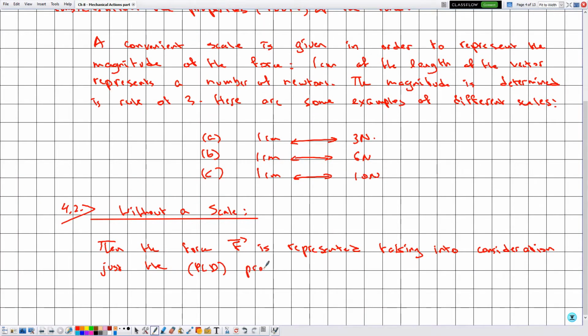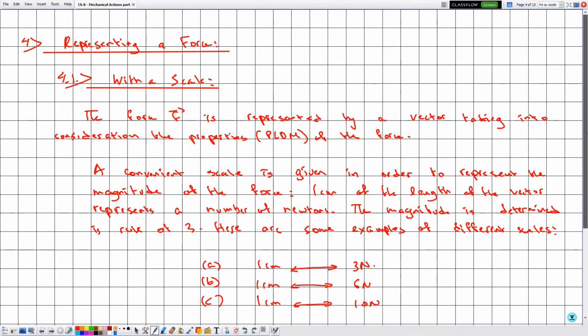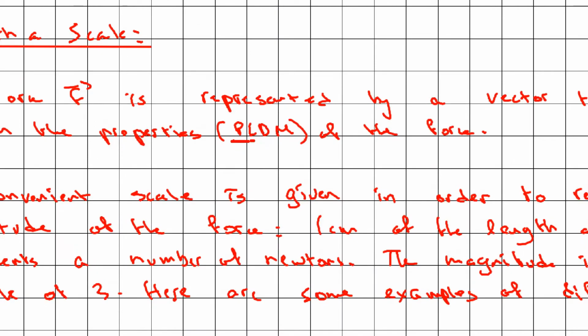Then we are not interested in the length of the vector. So in this case, the length of the vector is not important, which represents the magnitude. So we just represent the force F according to the PLD properties. In this case, whenever we are representing a force with a scale, we need to consider the PLD and M.